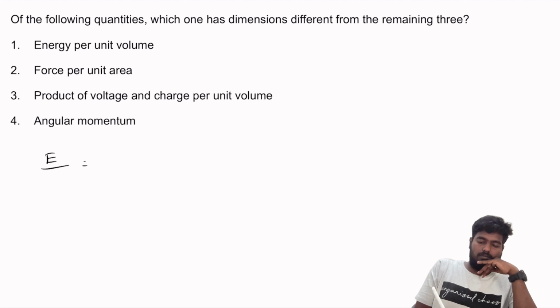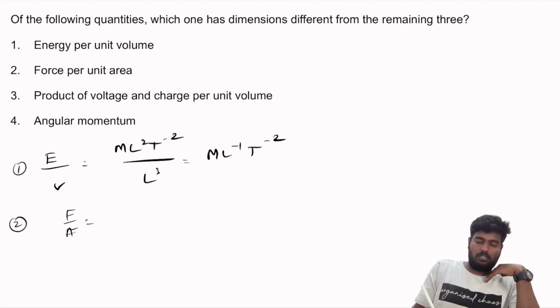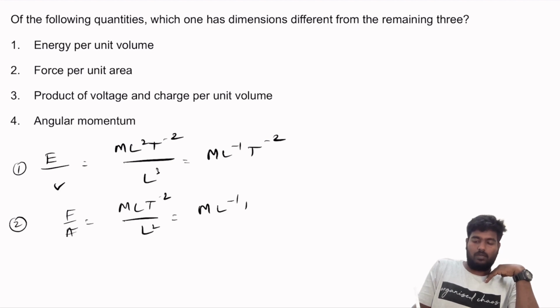So M L square T power minus 2 divided by L cube, so M L inverse T power minus 2. Okay, this is one. Second, force per unit area, that's just pressure, which is M L T power minus 2 divided by L square, which is M L inverse T power minus 2.